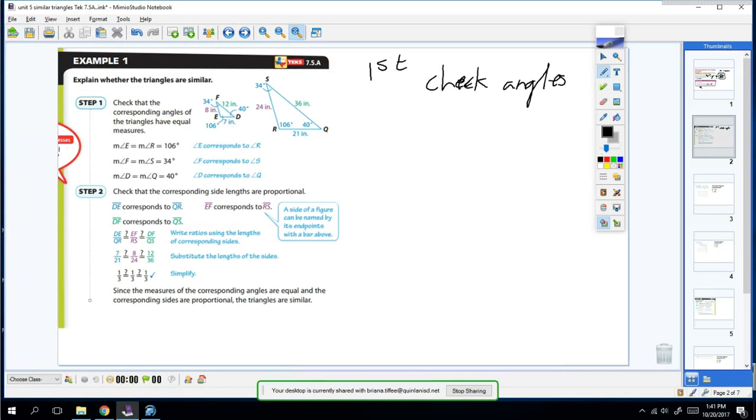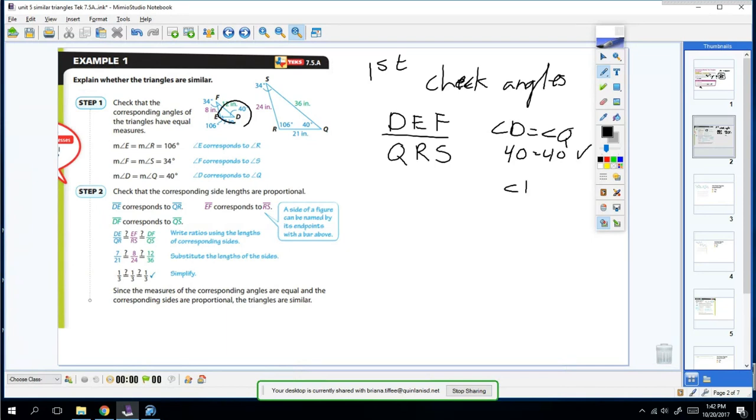Well, we have triangle DEF to triangle QRS. So angle D has to equal angle Q. Angle D is 40, and angle Q is 40. So 40 equals 40. That's good so far.